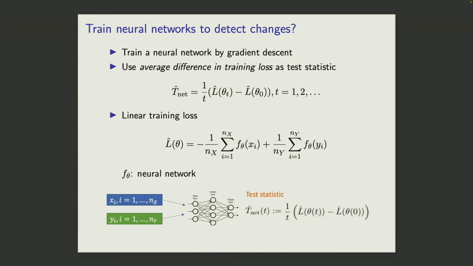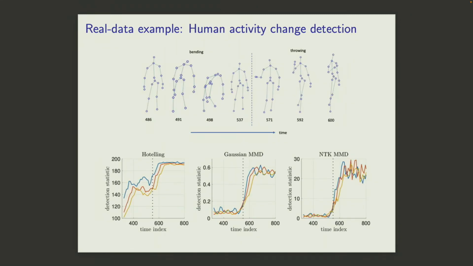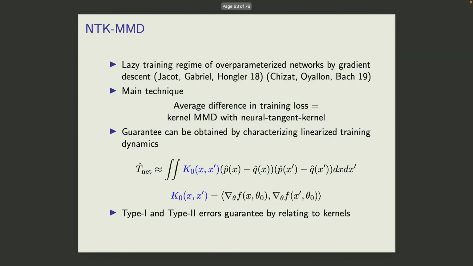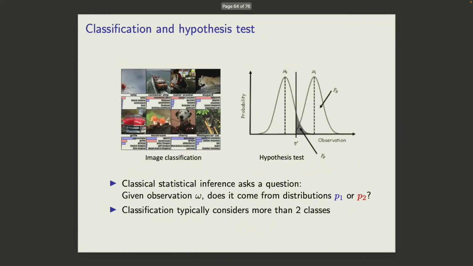As we train this long enough, this divergence is going to give us a decision. So compare this with the threshold, and if this divergence is large, it indicates that the two distributions are different. Again, applying this to change point detection, this seems to be working, detecting transitions of activities. And this way of looking at the average difference in training loss after T iterations can be related to a type of kernel MMD statistic. That also leads to performance guarantees. So that's the second extension.